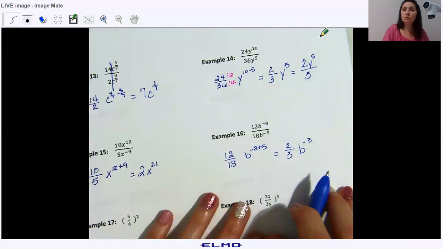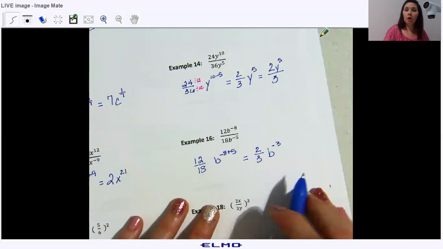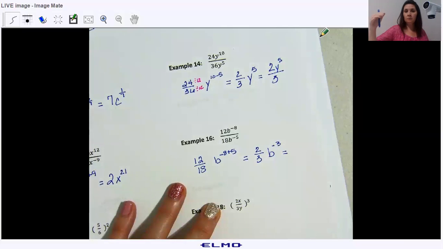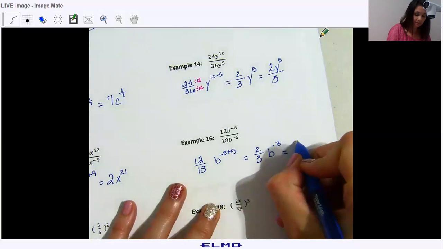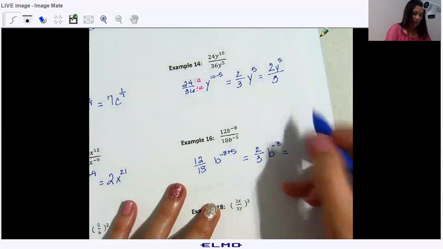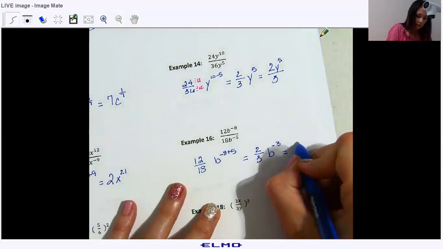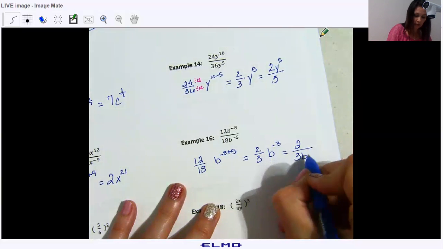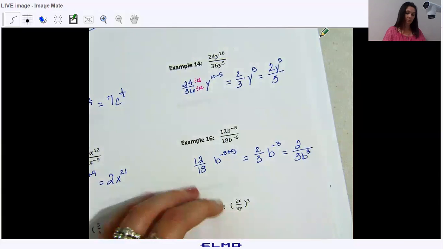So we don't have to move the entire answer down. We're just going to bring the b term down so that we can get rid of that negative exponent. So you end up with 2 over 3b to the 3rd power.